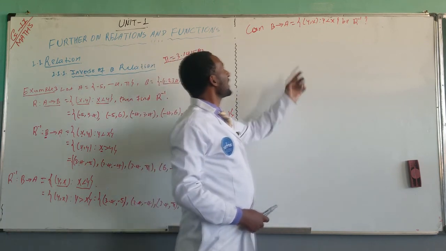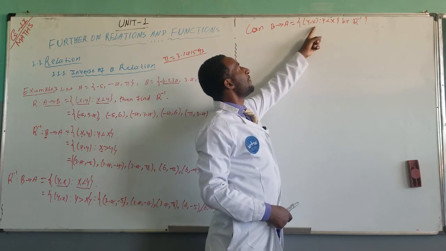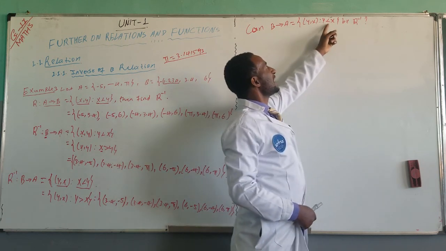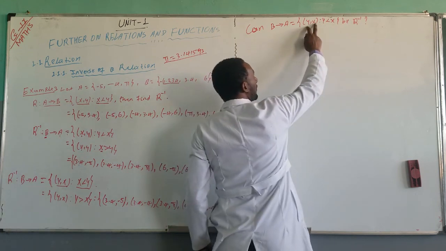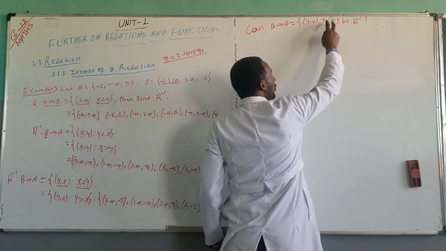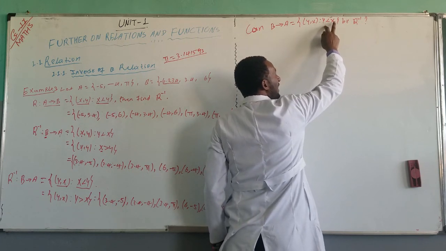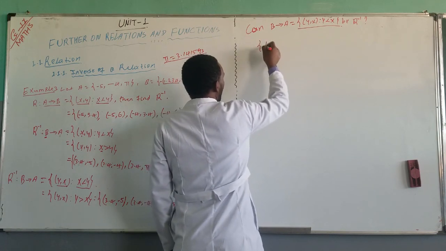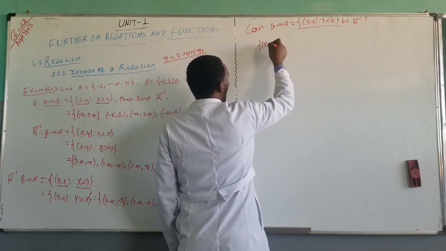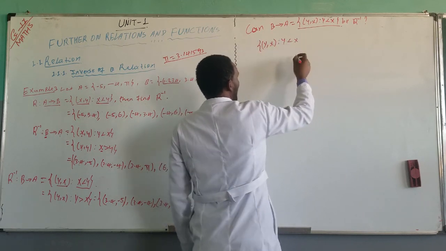Let us see this relation. When we see a relation from B to A which is equal to y, x such that y is less than x, when we exchange the position of x and y here and also simultaneously change the position of x and y here, this means y, x such that y is less than x.